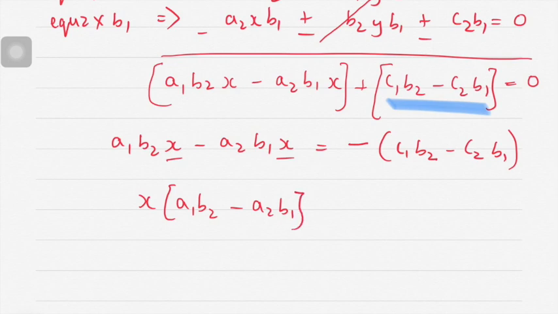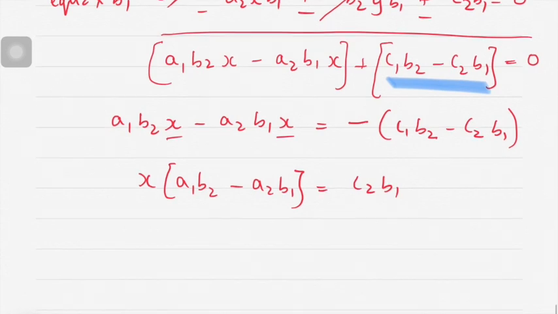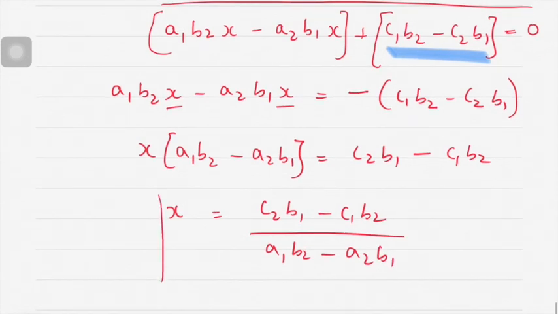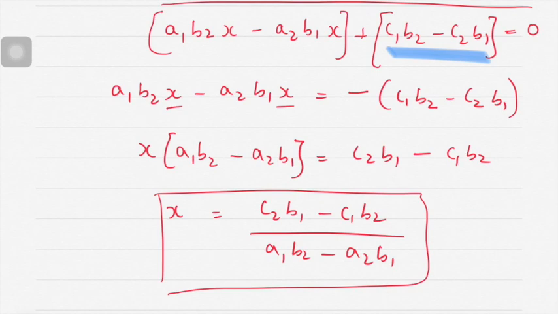X into a1 b2 minus a2 b1 is equal to, when I open the bracket, my plus will become minus, my minus will become plus. Correct? So c2 b1 minus c1 b2. Okay, so x is equal to C2B1 minus C1B2 upon A1B2 minus A2B1.